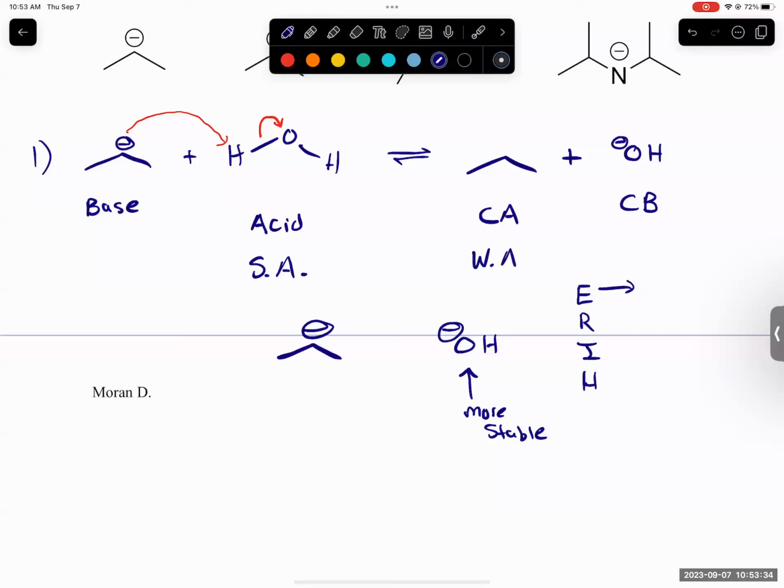And we know that equilibrium favors the formation of the weaker acid. So is this product favored or reactant favored? Product favored, right? So if we were to draw equilibrium arrows, they would look something like this. It mainly wants to go to the right. See how that big arrow says it's going to the right, and very little of the reaction wants to go to the left? Does that make sense?